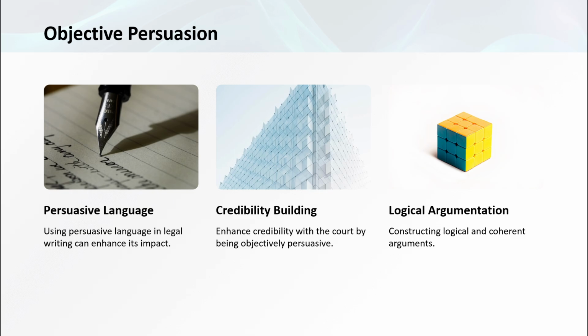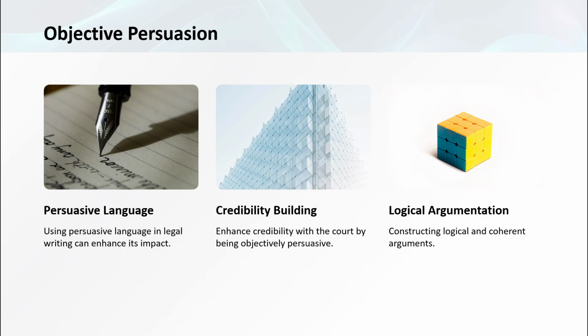Logical argumentation. Constructing logical and coherent arguments is essential for legal writing. So these are the fundamental things that you need to keep in mind while writing legal content, because without logical argumentation, you cannot establish your point in front of the court.